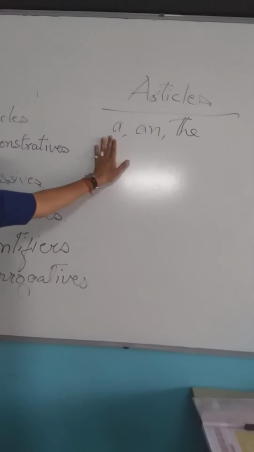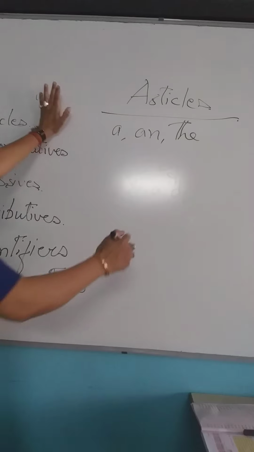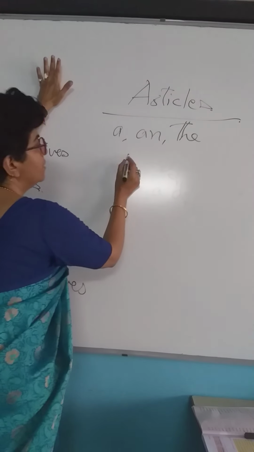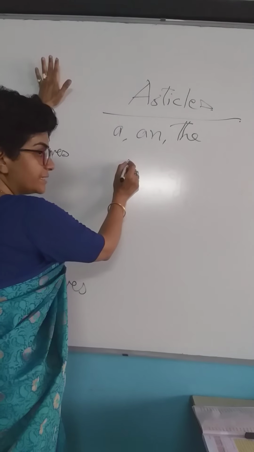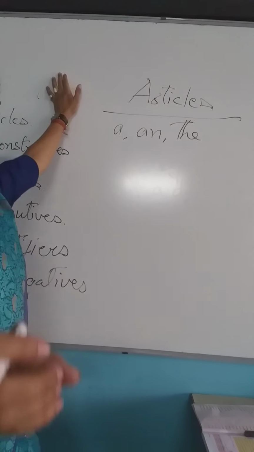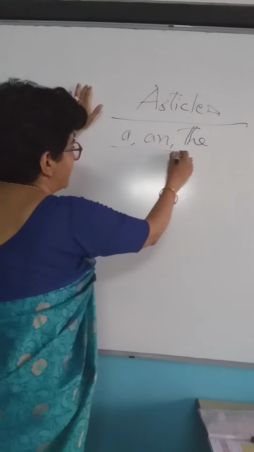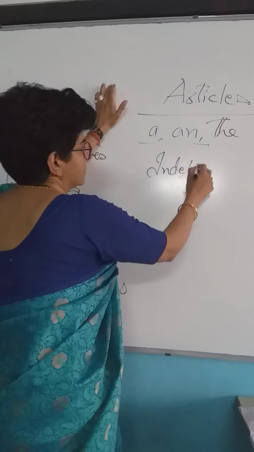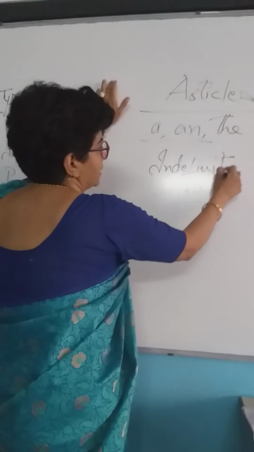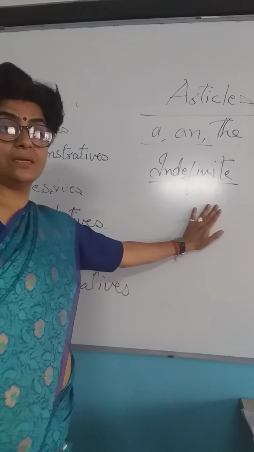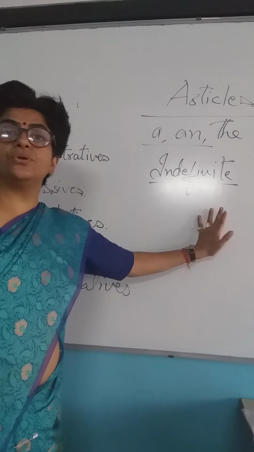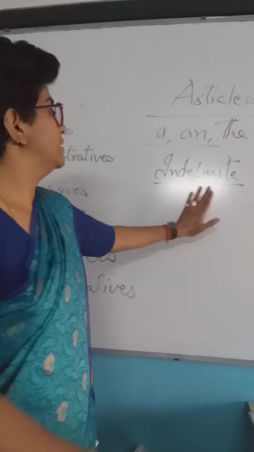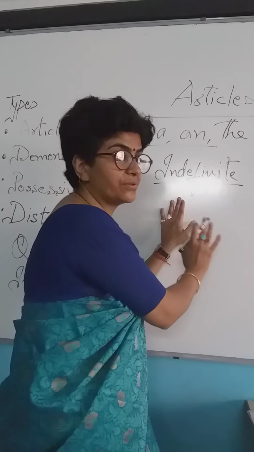When it comes to a, an, and the, we divide them into two types. One is definite article and the other is indefinite articles. A and an are considered indefinite articles. Indefinite, as the name suggests, is about not being very sure.